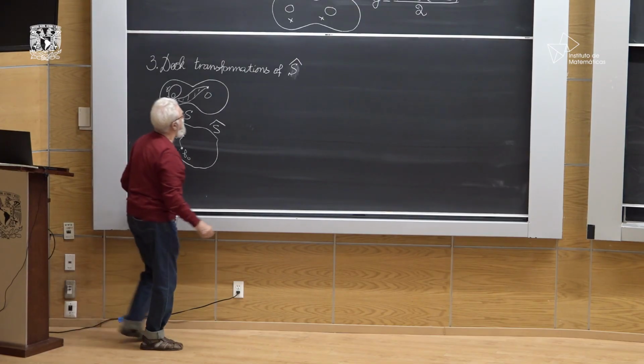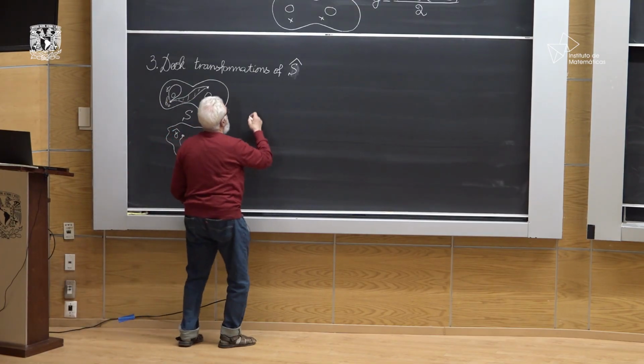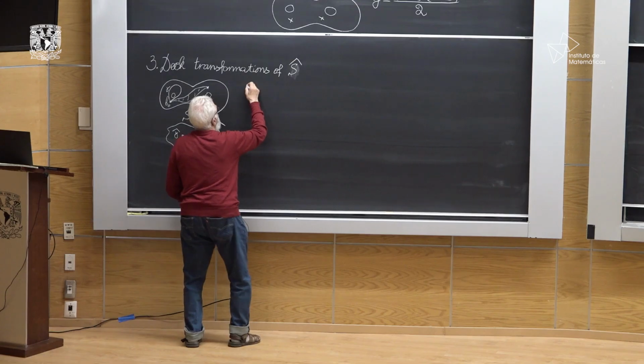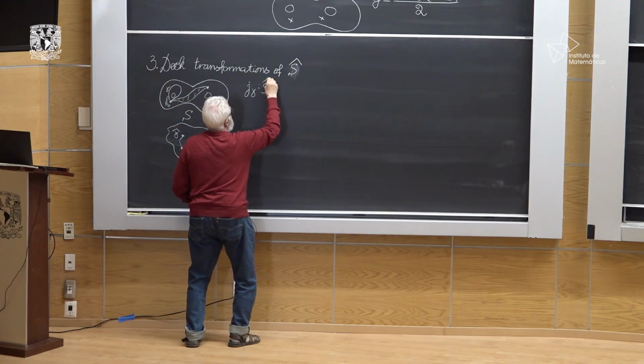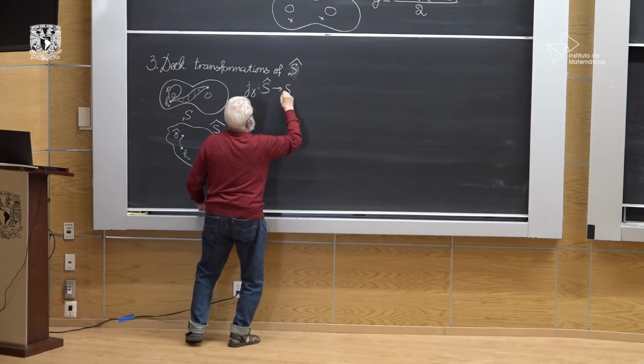And there is a map G gamma of the universal cover onto itself.